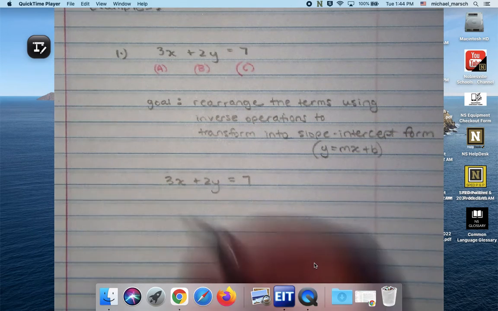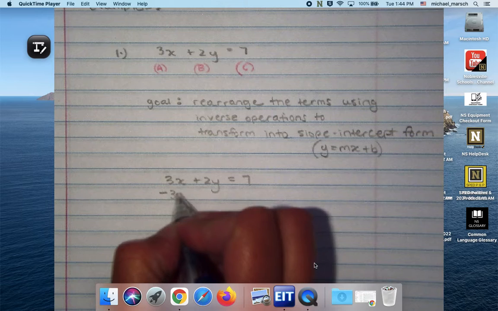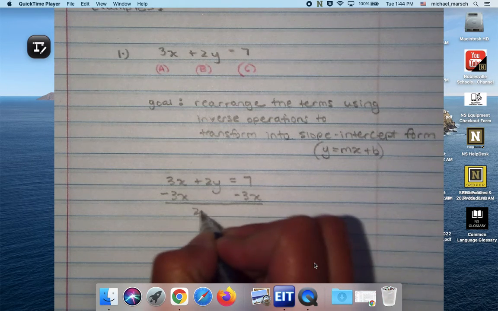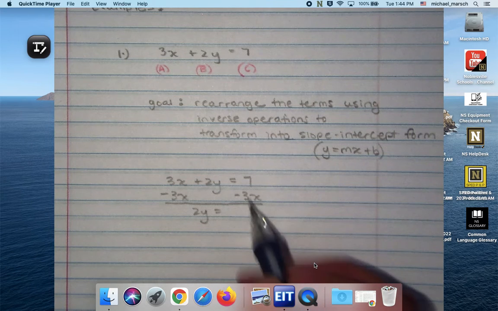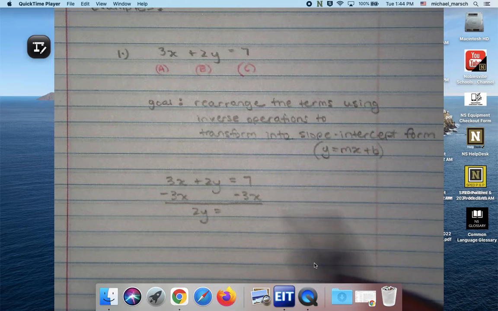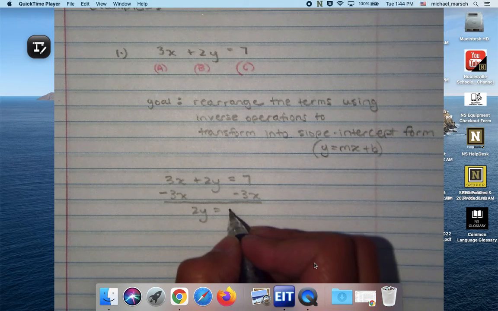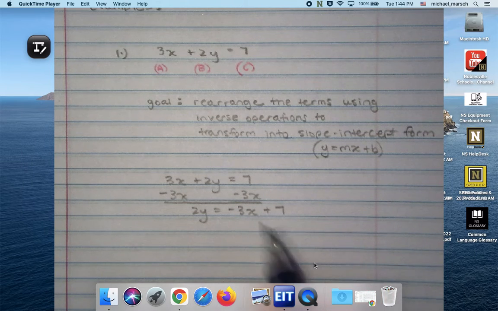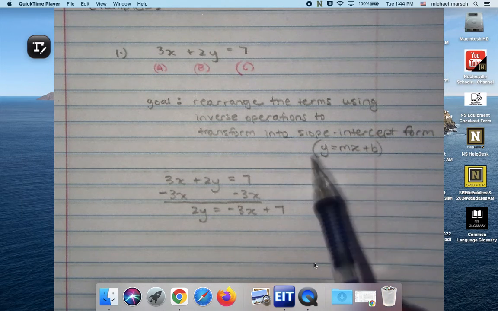Subtract 3x? Yep, I'm going to subtract 3x from both sides. I'm going to have 2y equals, and I'm going to sneak this 3x here in front of the 7 so that it's in mx plus b form. Just going to put it right there in front so we're closer to y equals mx plus b.